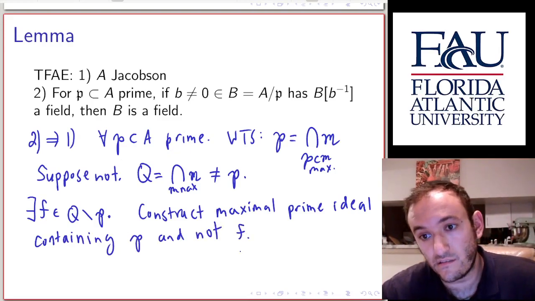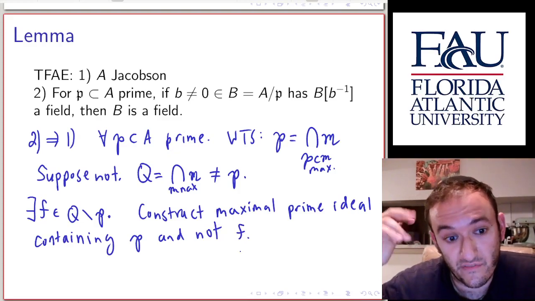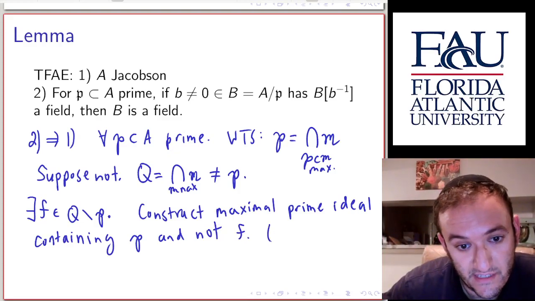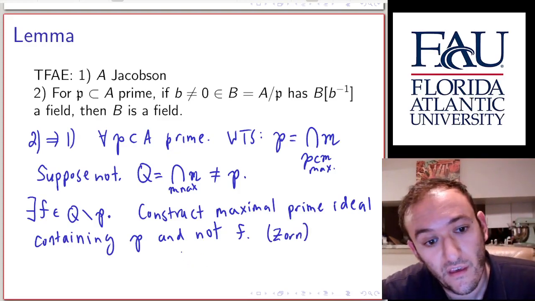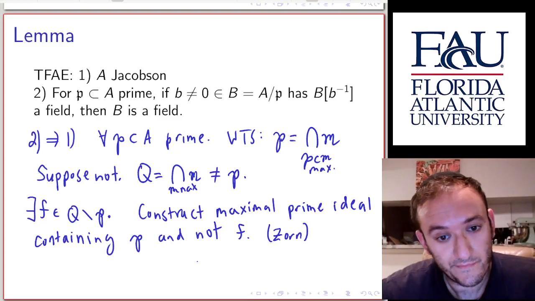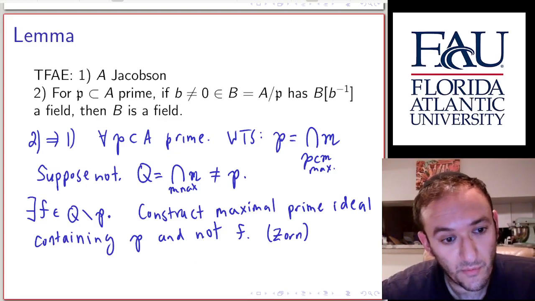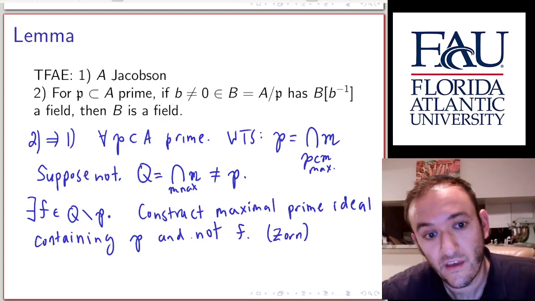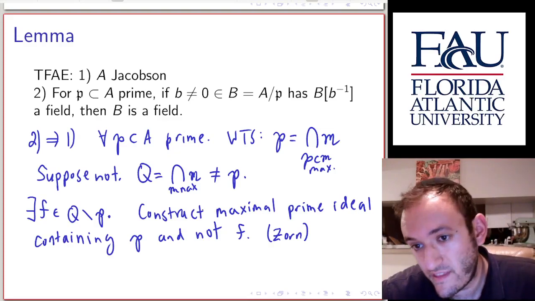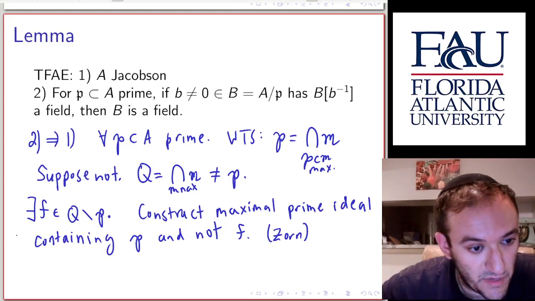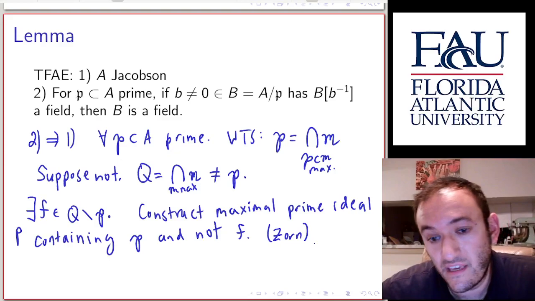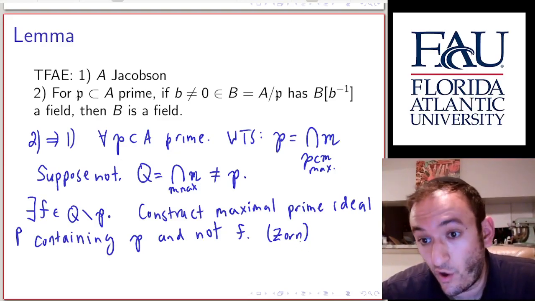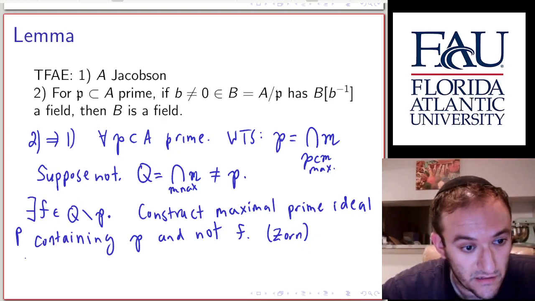Okay, so we want to find the maximal element of this set of ideals. This will exist by Zorn's lemma. So we have a maximal prime ideal containing P and not containing f, so let's call this P'. We know that P' can't be maximal because we already said that f is in all maximal ideals containing P. So P' is not maximal.